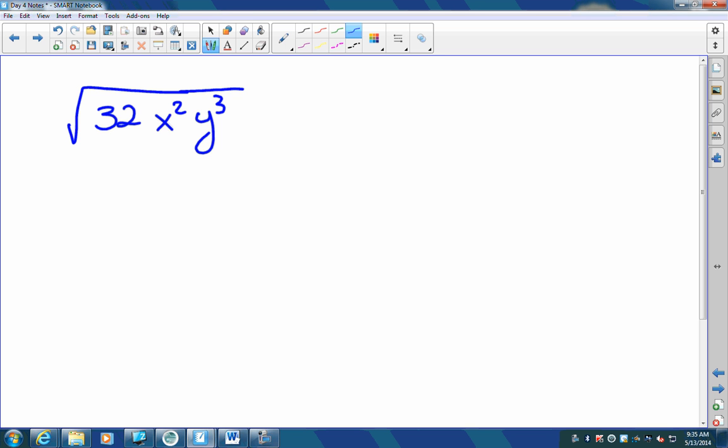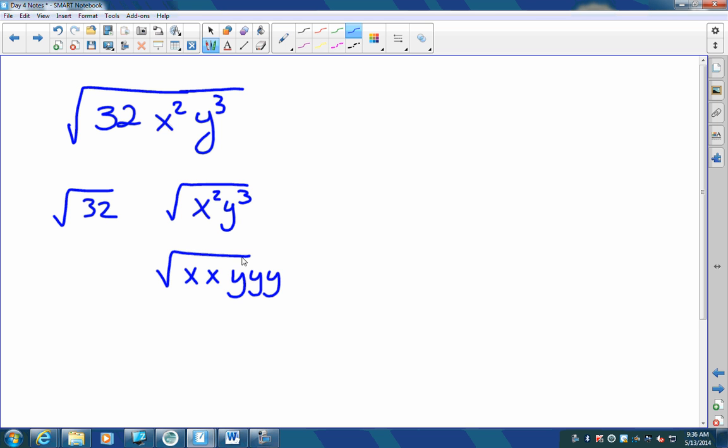Okay, we're going to look at the first one and do the square root of 32, and then I'm going to do the square root of x squared y to the third. Now, if I look at the letters, remember that I'm going to have x squared, which is x times x, y to the third, 1, 2, 3.